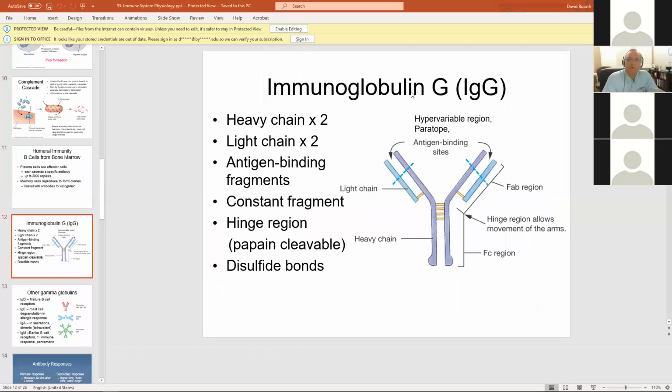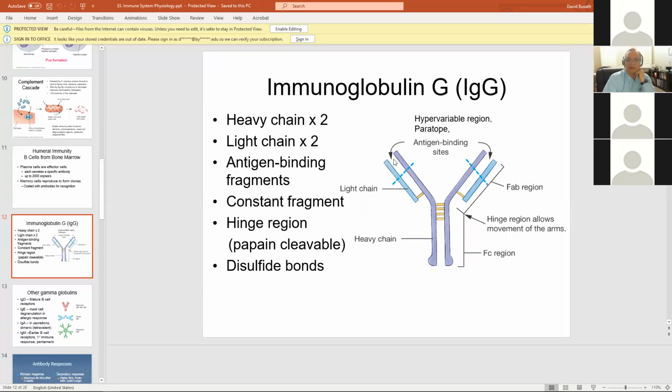Immunoglobulins are these globulins in the bloodstream, globular proteins, but they're very characteristically Y-shaped, with a heavy chain that forms the backbone of the Y, and a light chain attached to the heavy chain by disulfide bonds. It's this loose connection between the light and heavy chain at the end that is hypervariable, sometimes called the paratope, or the antigen binding site.